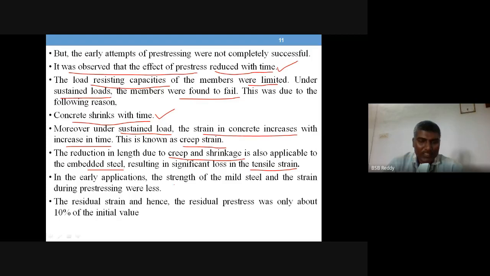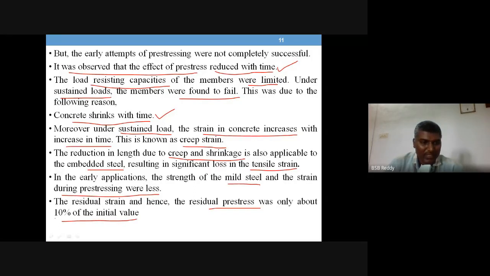The early applications of the prestressed concrete were on mild steel only. So the strain due to pre-stressing that we could develop was very less. So the residual strain, in turn the residual pre-stress, was only about 10% of the initial value.